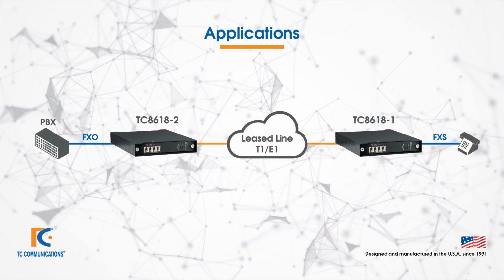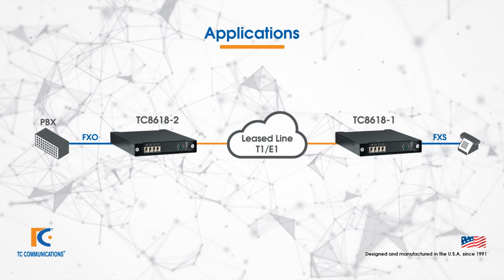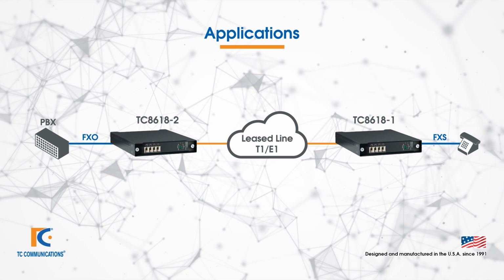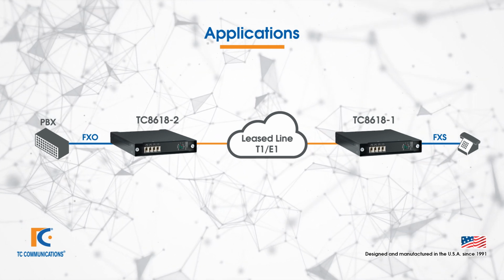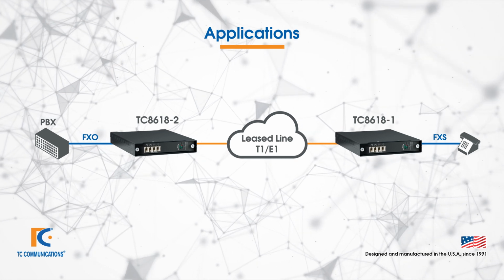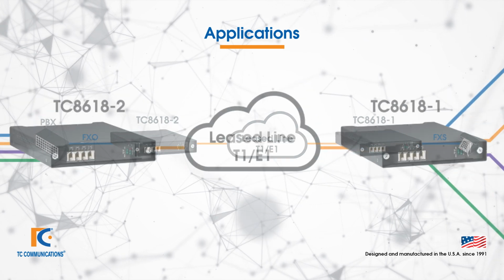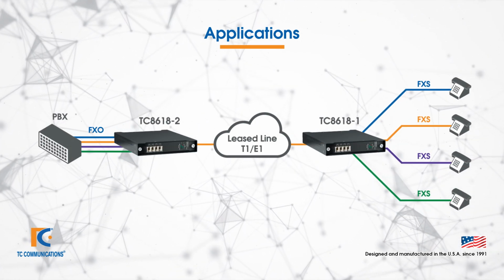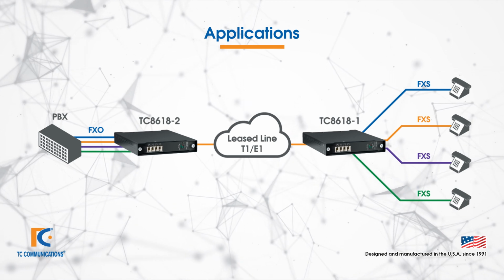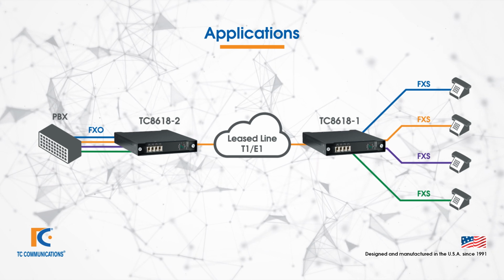Let's talk about applications. A common application for the TC8618 is extending a phone line from a PSTN or PBX between two TC8618s over T1, generating a phone extension at the remote end. This operation can be done for 1, 2, or 4 phone extensions. The connection goes from channel 1 to channel 1, 2 to 2, 3 to 3, and 4 to 4.